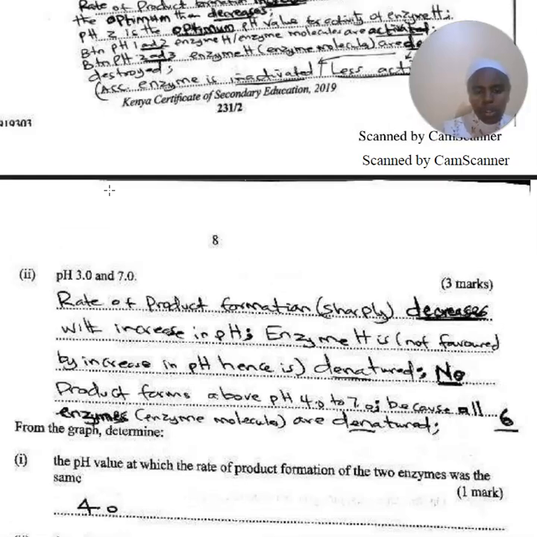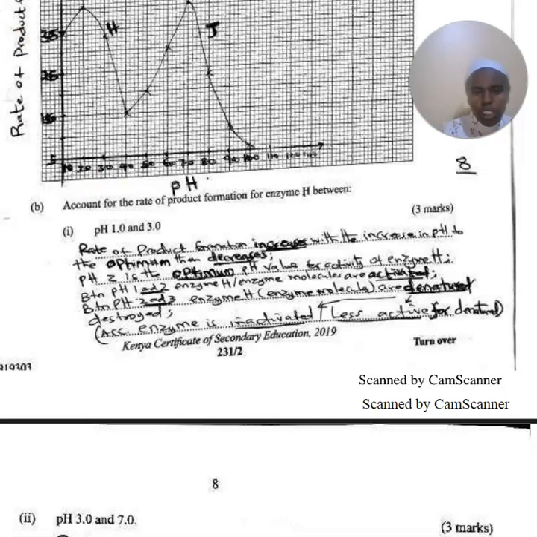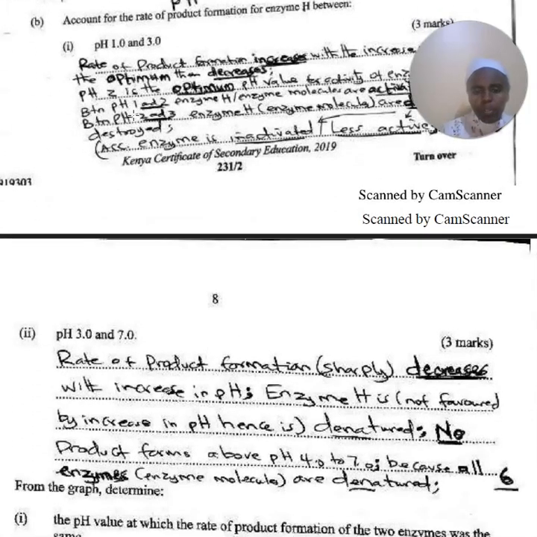pH 3 to pH 7. You can see from pH 3, it's about 35. It decreases. At pH 7, you can see it is decreasing. So the rate of formation sharply decreases with increase in pH.